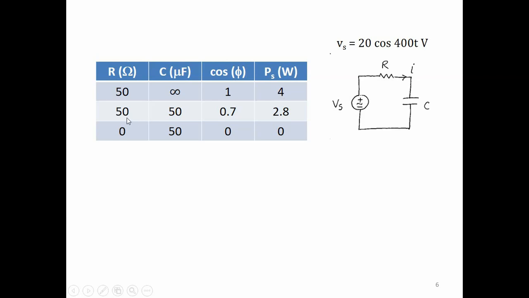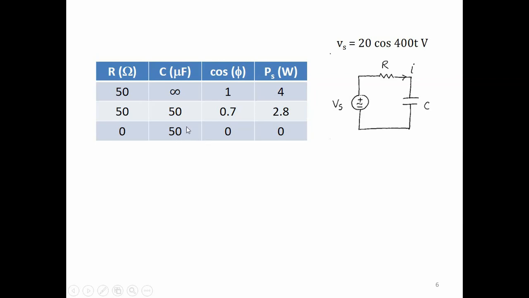And if R is 50 ohms and I put a 50 microfarad capacitor, I have chosen such that R is equal to 1 over omega C. So the resistive and reactive components have the same magnitude. Then the angle will be 45 degrees, and so you'll get cos 45 as 0.7, and then the power consumed is 2.8 watts.